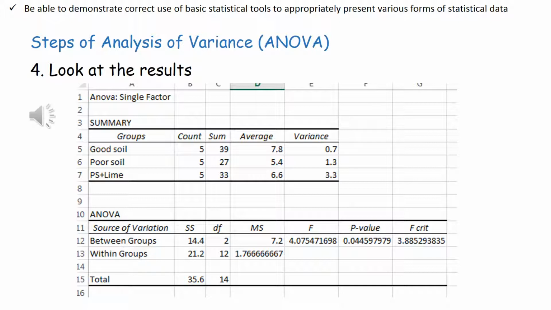We can work out by looking at the ANOVA table how many treatments were included in this analysis, because we know the degrees of freedom between treatments is the number of treatments minus 1. The degrees of freedom is 2 for between groups, therefore the number of treatments used in this analysis was 3.